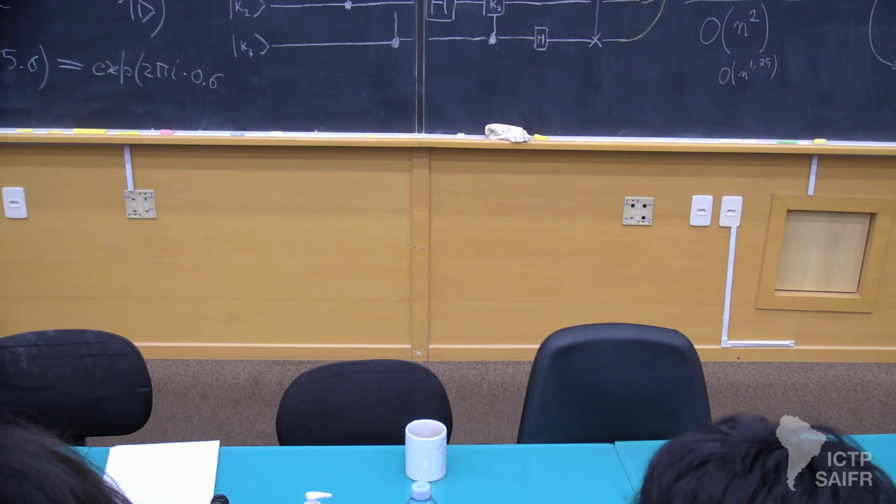Because we are applying U to an eigenstate, the eigenstate has eigenvalue e to the 2 pi i phi, and then you do it j times, you get a j there. Good?